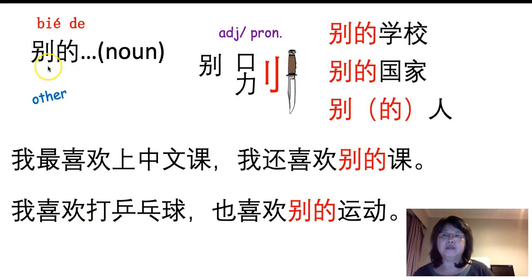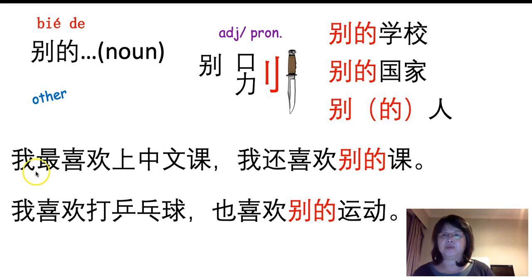别的 normally goes with a noun. That means other something. 比如说，别的学校 other schools. 别的国家 other countries or other country. 别的人, you can say 别人, other people, other person.